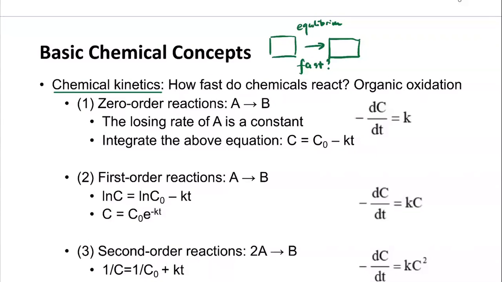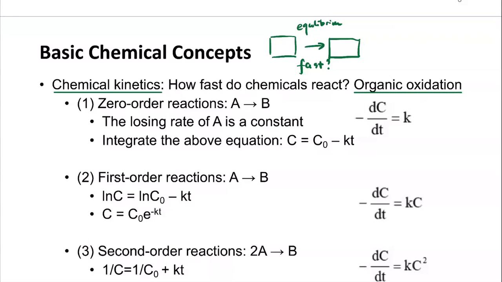So basically, this chemical kinetics describes what is the time needed to reach the final state. Okay, so this is very important for, I would say, environmental engineering for water treatment or wastewater treatment. That's because if a reaction is happening so slowly, let's consider wastewater treatment, let's say the organic oxidation.